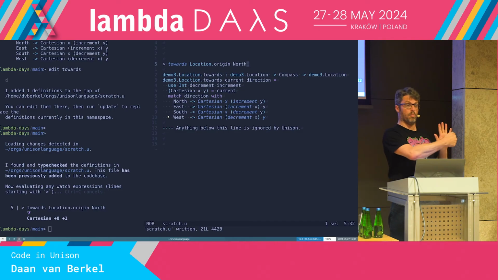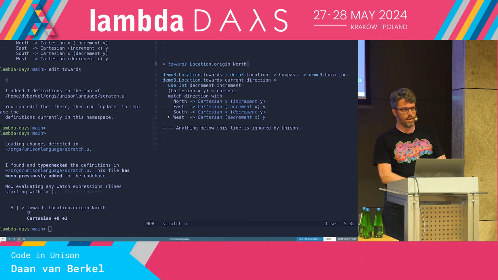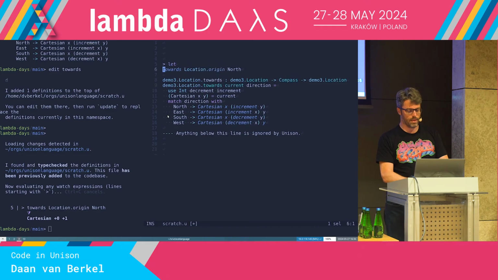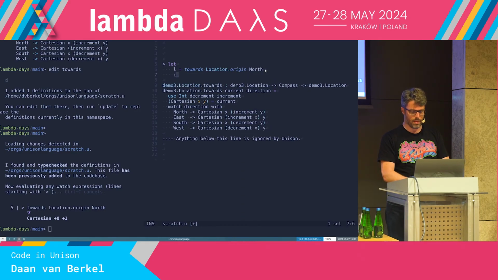It's on the bottom left. But the problem is, if I want to go towards north twice, I have to basically save this result and then feed that result into the next iteration.